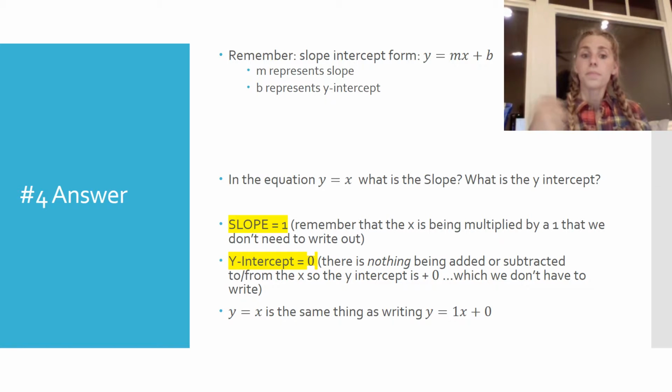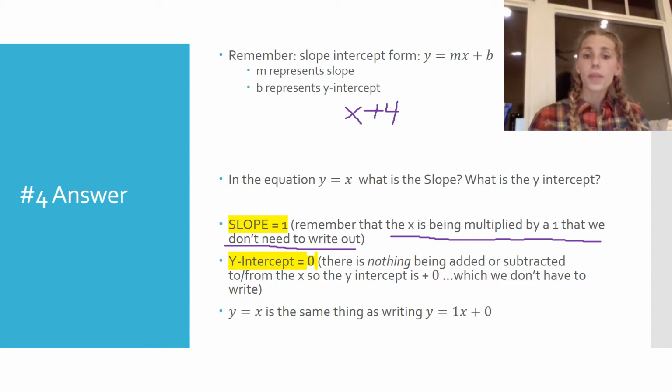So in the equation y equals x, our slope is 1. And the reason is x is being multiplied by a 1 that we don't need to write out. Remember, if we write out x plus 4, that's really the same thing as saying 1x plus 4.